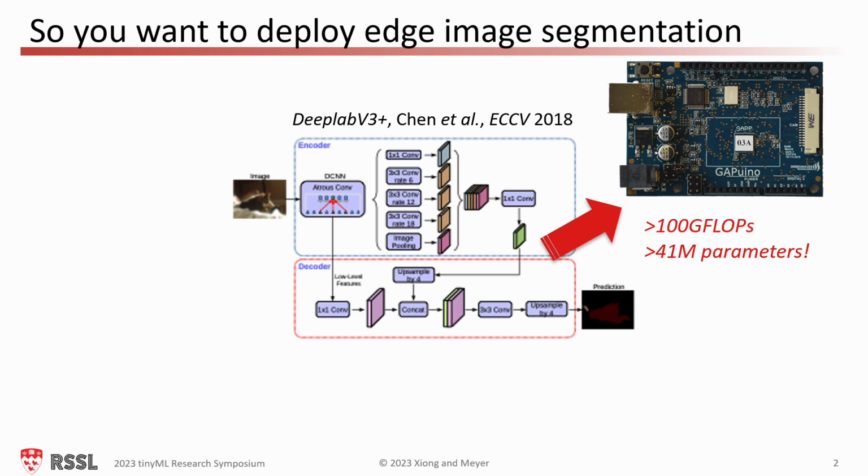So what to do? Well, what we propose is to use a state-of-the-art network like DeepLab v3 as a SuperNet, kind of like Once-for-All, but without you having to do that work, and then just subsample the network to look for interesting trade-offs.